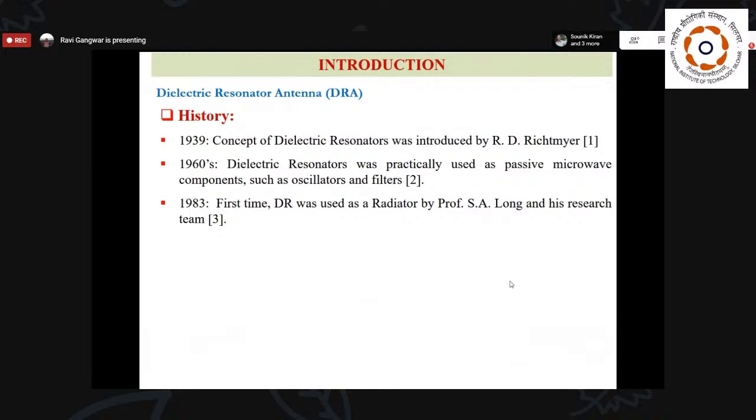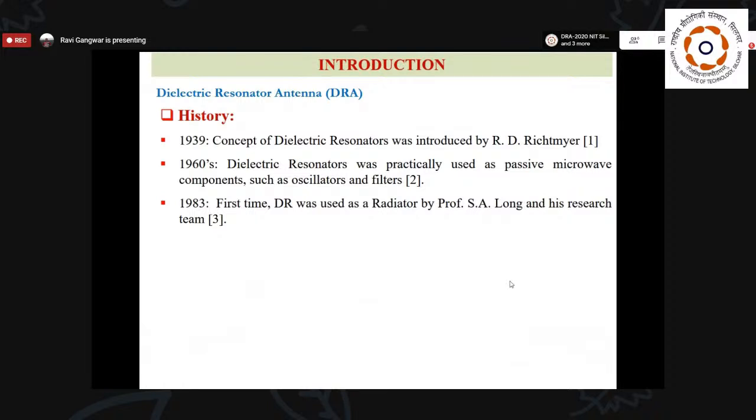After 21 years, in the 1960s, the first dielectric resonators were practically fabricated and used for oscillator and filter applications in microwave circuits. From 1960 to 1983, this concept was basically used for oscillator and filter applications. But nobody had thought about whether we could use this concept for antenna applications also.